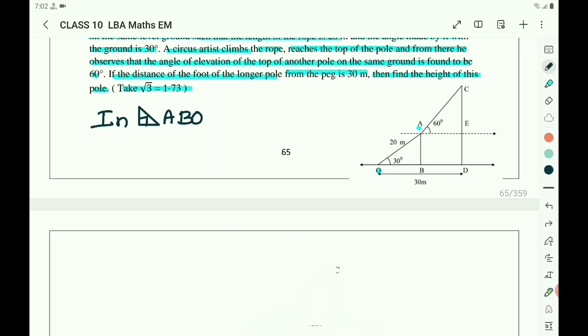So first, let us find out AB. Which trigonometric ratio? AB by AO is sin theta, that is sin 30 degree equals opposite side AB by hypotenuse AO. Sin 30 is 1 by 2 equals AB by 20.